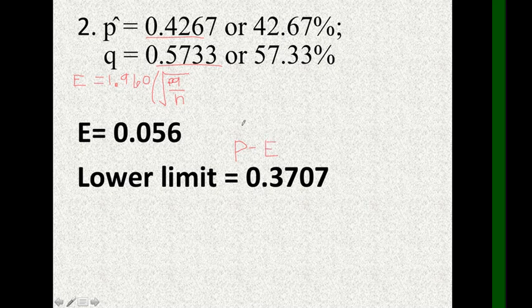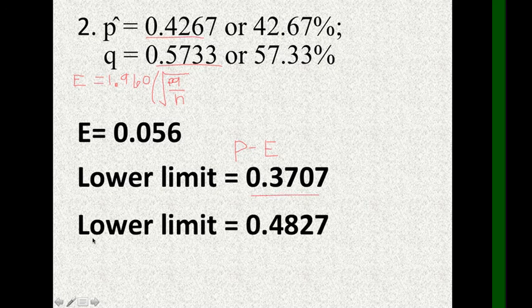Ito yung ating P. Minus 0.056 and you will get 0.3707. And for the upper limit, this is the upper limit. And you will get 0.4827. That is 0.4267 plus 0.056 is 0.4827.